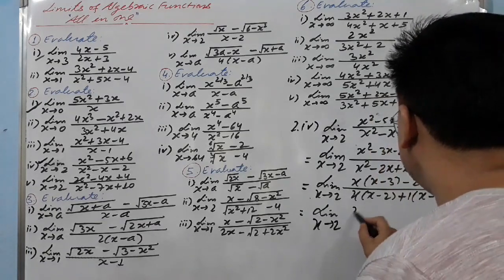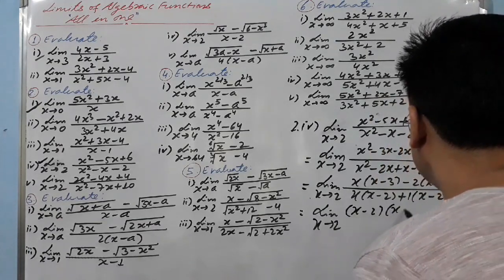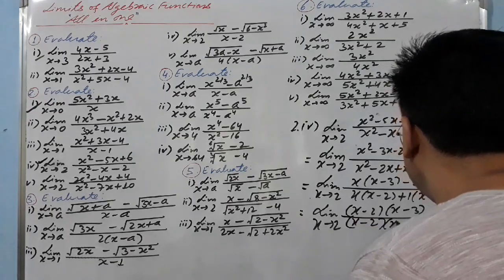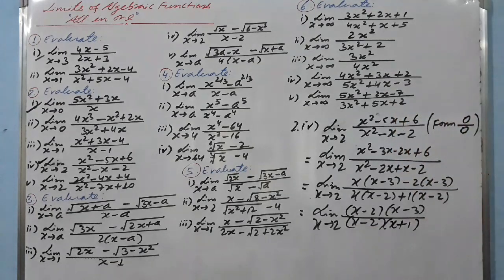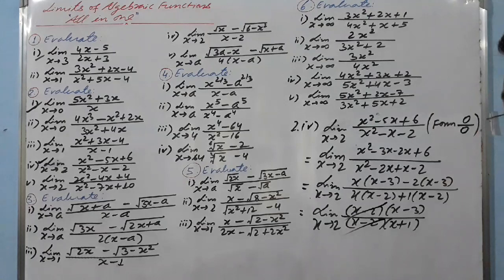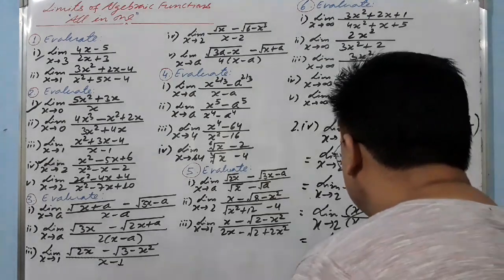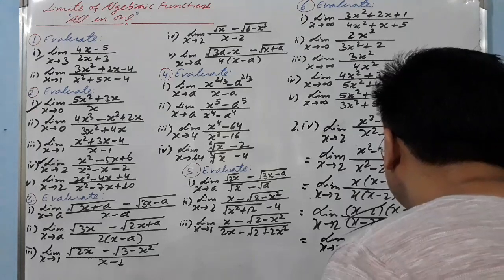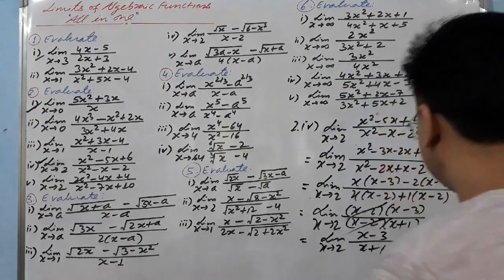Here you are going to write x minus 2, x minus 3 over x minus 2, and here x plus 1. Okay, x minus 2 common, and x minus 2 cancelled, as you know. Limit as x tends to 2, you are going to get here x minus 3 over x plus 1.